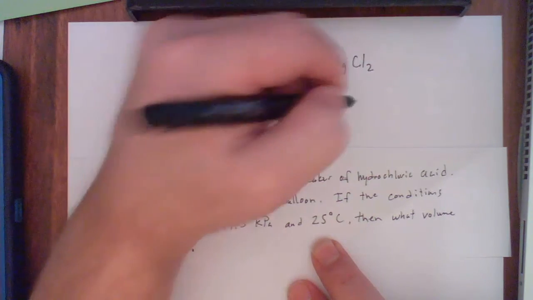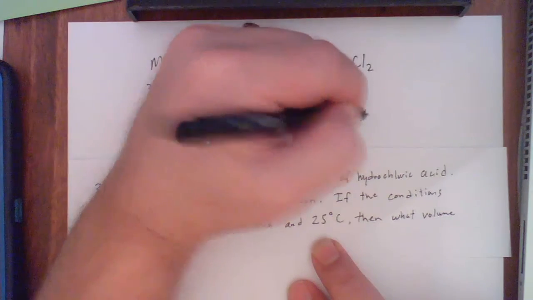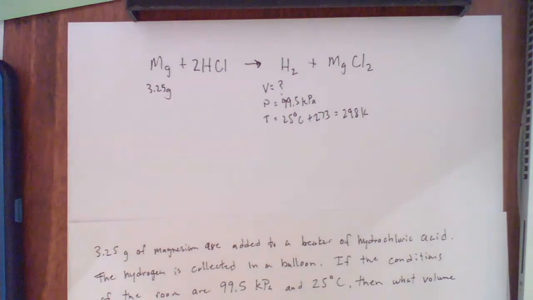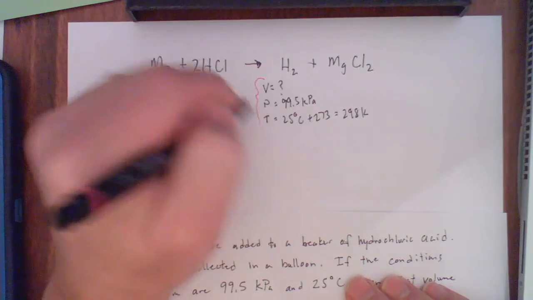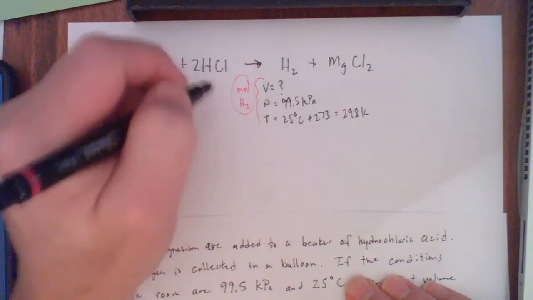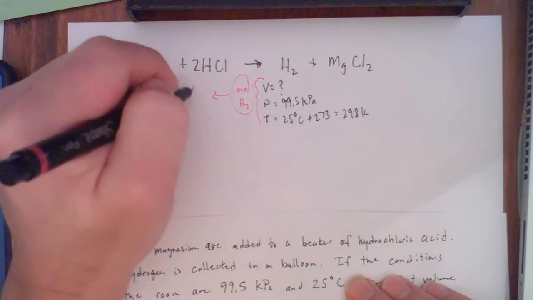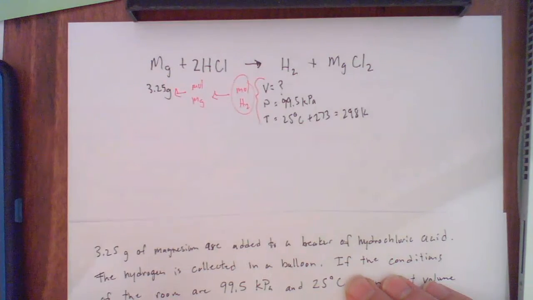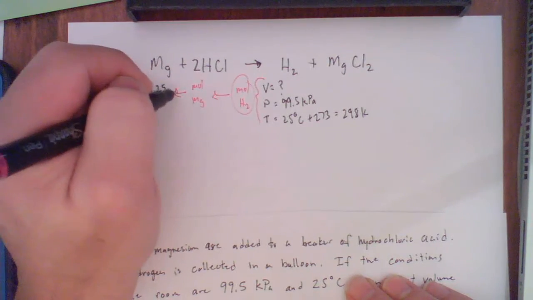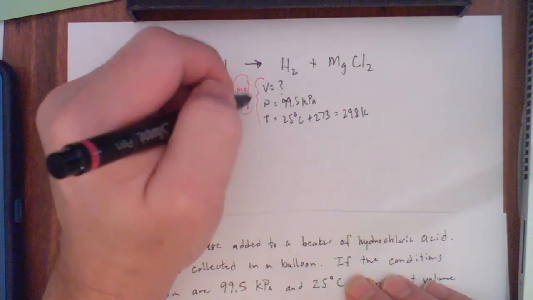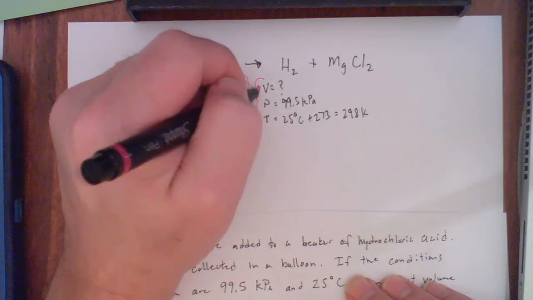So that's 298 Kelvin. And so now we can go through and, again, use this information to figure out our moles of the H2. Convert grams into moles here, convert this into the moles of H2, and then finally solve for our volume.